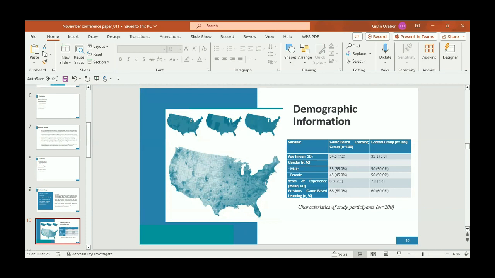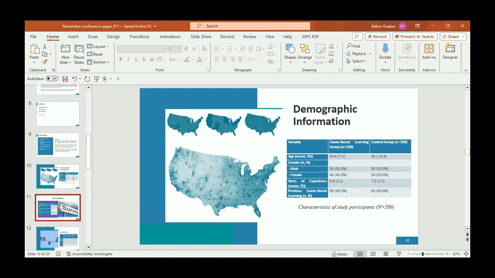You can see the age. The mean age is 34.6, which involves both gender of male and female. Their years of experience, the average is 6.8 and 7.2. Previous game-based learning, 68 and 60. The total participants, they are 200 in number.